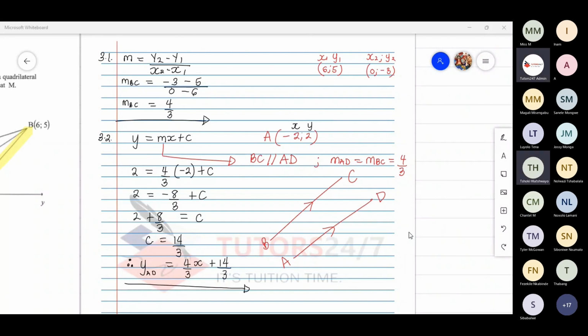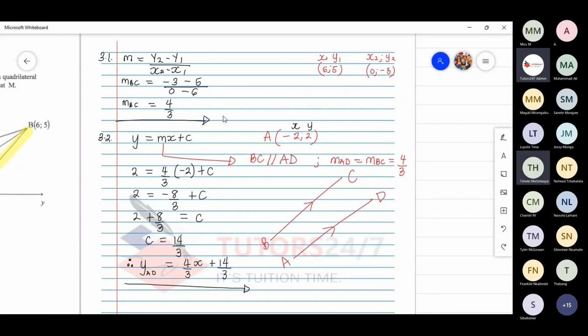So my question is that we have the formula which is y equals mx plus c. So because we have already calculated the gradient, we substitute m by 4/3. Yes, because we already obtained the gradient, we did not need to recalculate the gradient.